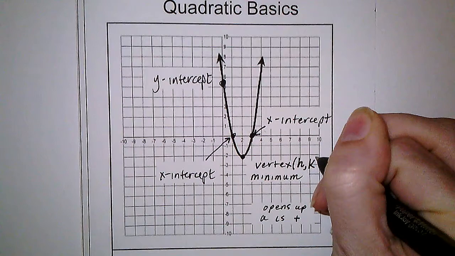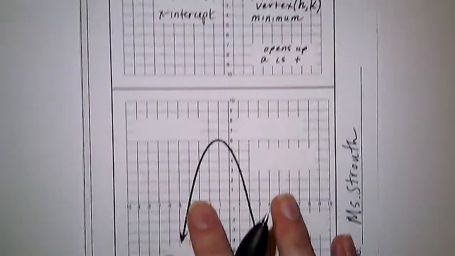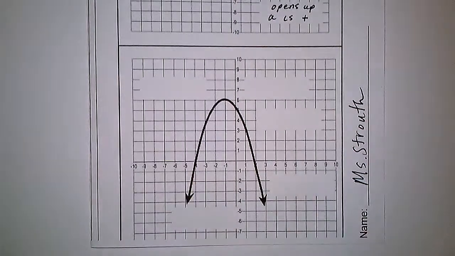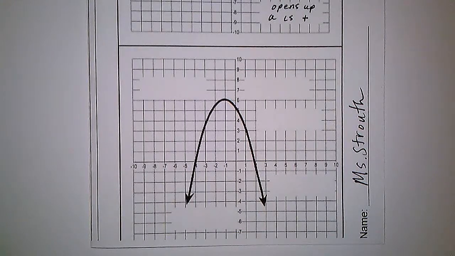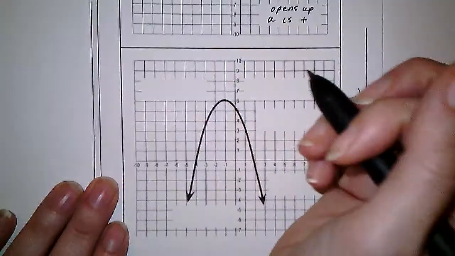Okay, so next, we're going to scoot down here. And now, you see we have another quadratic, except this time it's been reflected over the x-axis. So, a couple of important pieces of information. Because you can see right away that it's been reflected.